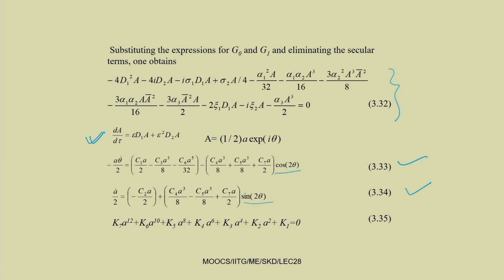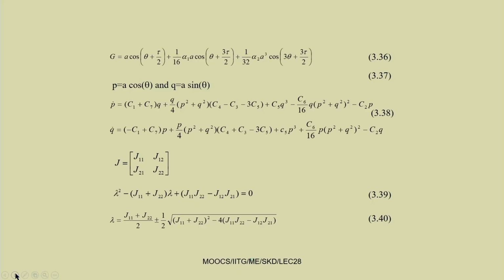We can simplify and observe that we have a to the power 12. By taking a square equal to x, it can be reduced to a sixth order equation, which you can solve numerically to find the solution.